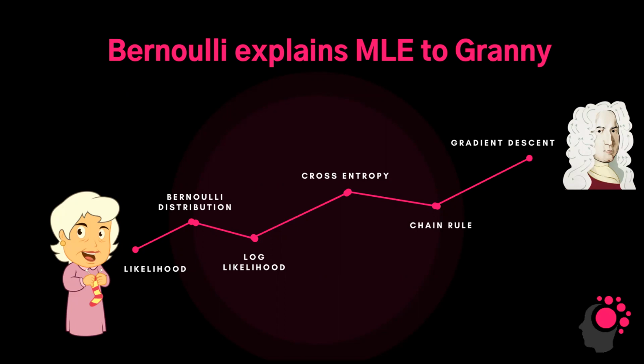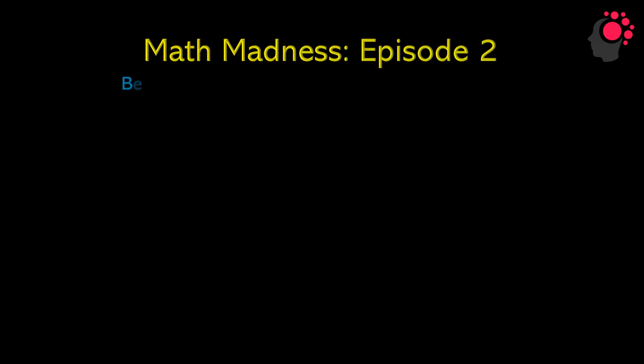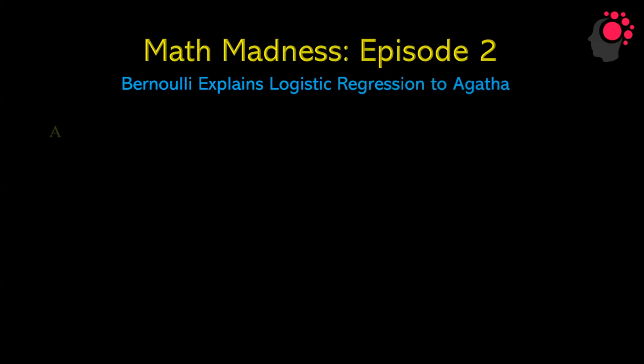Right? To quickly recap what has happened so far, Agatha reached out to Bernoulli to understand how machine learning can help her grandson figure out the best GMAT score he can aim for in order to get admission into Carnegie Mellon Tepper for its MBA program.